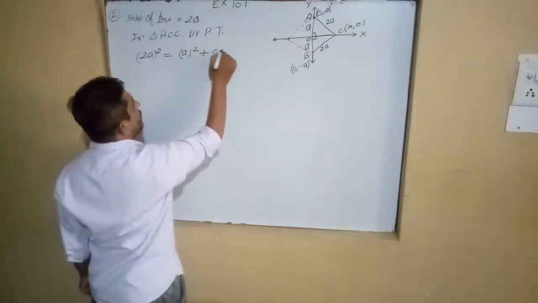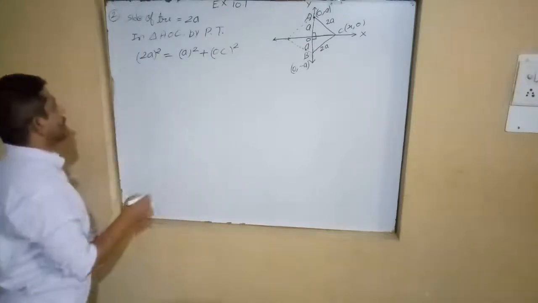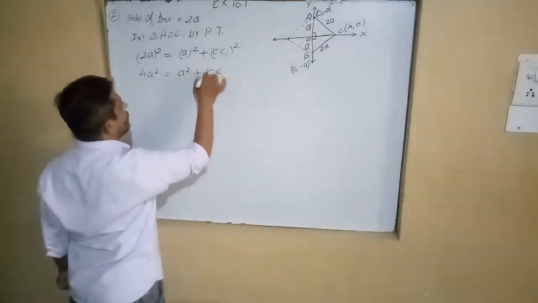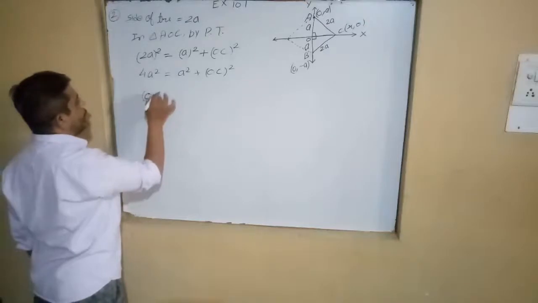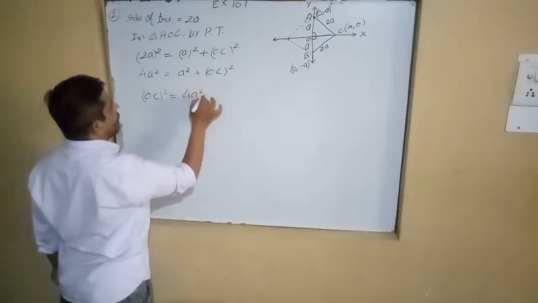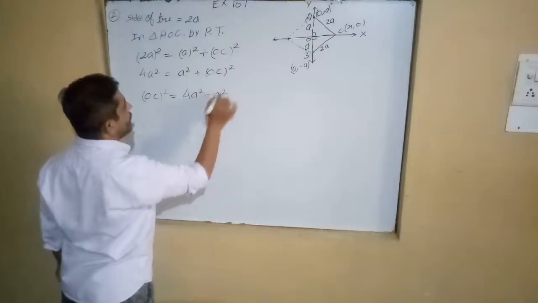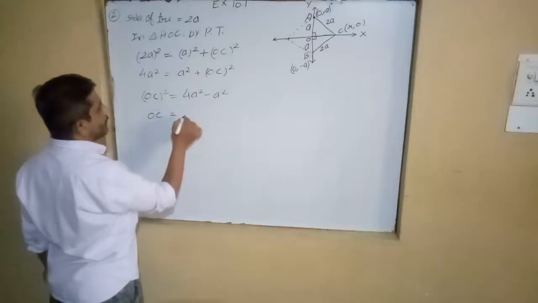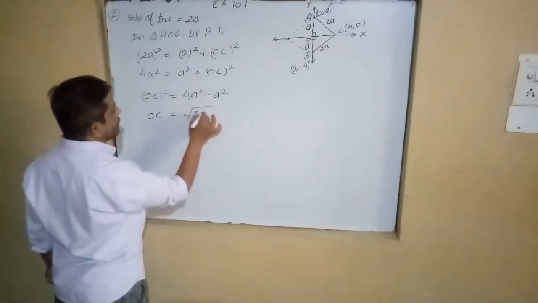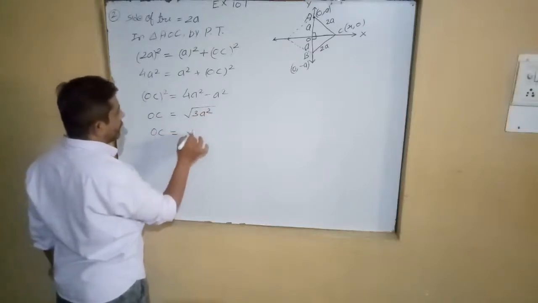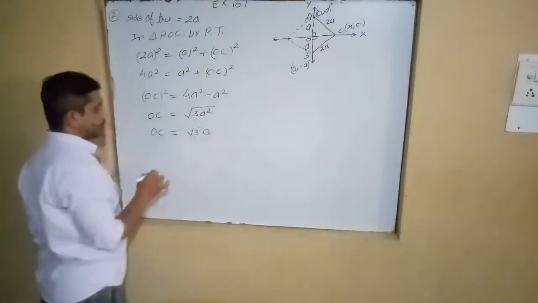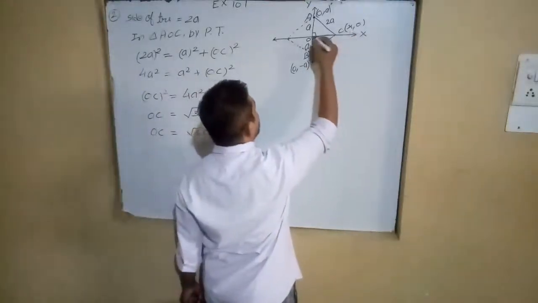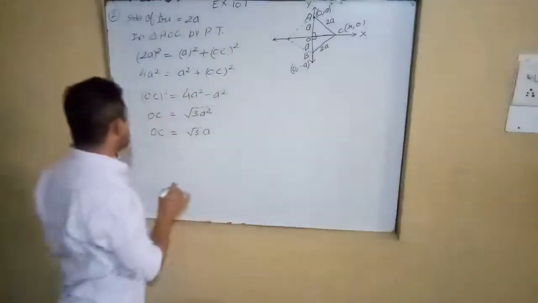What is the value of the base here? OC. We don't know the value of OC. Now solve. So (2a) squared, 4a squared, is equal to a squared plus OC squared. Now we can write OC squared is equal to 4a squared minus a squared. So OC squared will come 4a squared minus 1a squared, 3a squared. So OC we can write as root 3 a, and OC is the length from O to C, which we assumed as x.